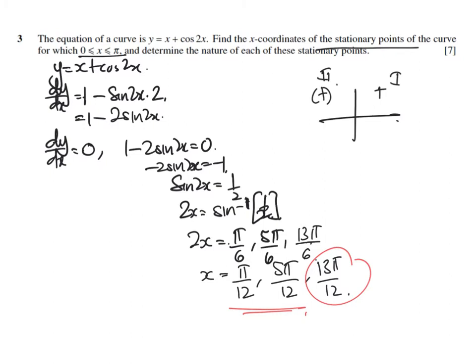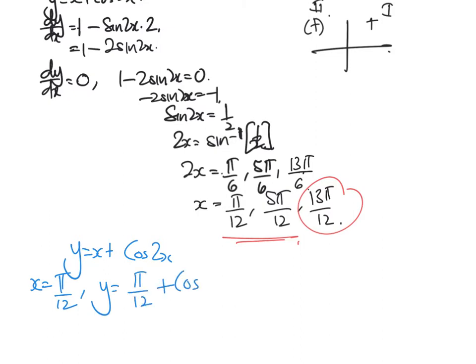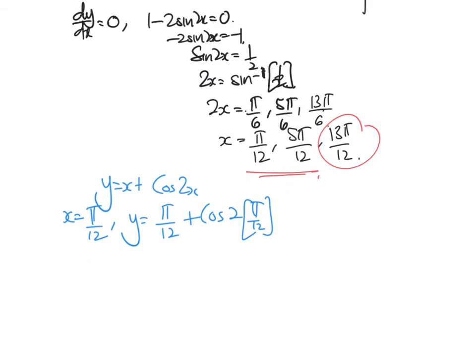Now once you have that, determine the nature of each of the stationary points. Before that, since I have two x coordinates, I want to find the corresponding y coordinates. So y equals x plus cos 2x, therefore when x equals pi over 12, y equals pi over 12 plus cos pi over 6, which is cos 30, which is root 3 over 2.